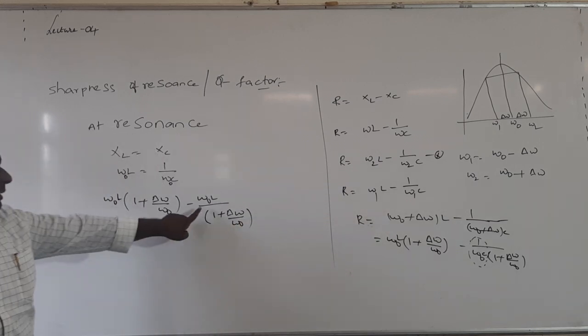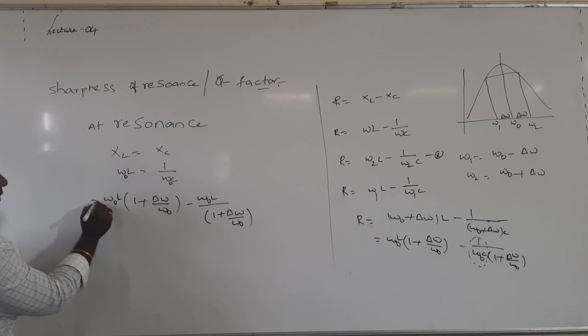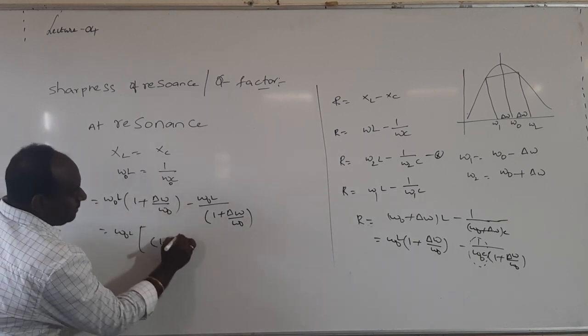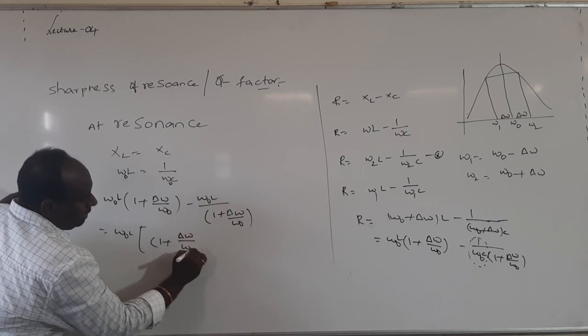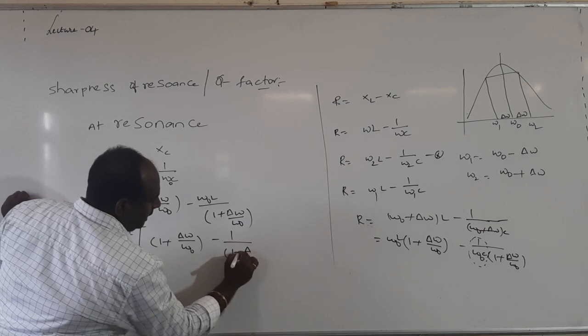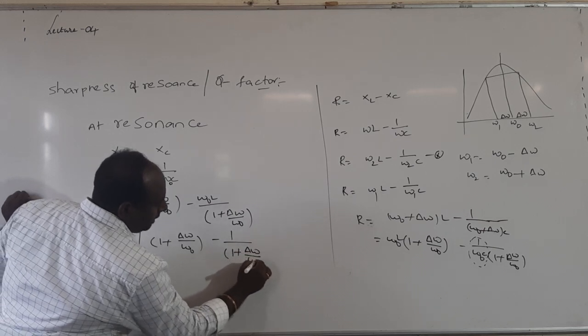Shall I take omega naught L common? If you take omega naught L common, then we will get 1 plus delta omega by omega naught minus 1 by 1 plus delta omega by omega naught.